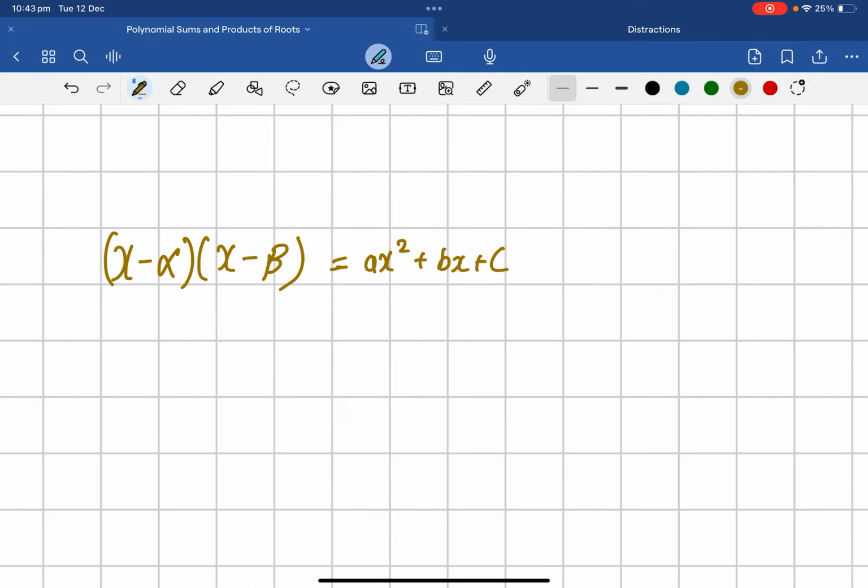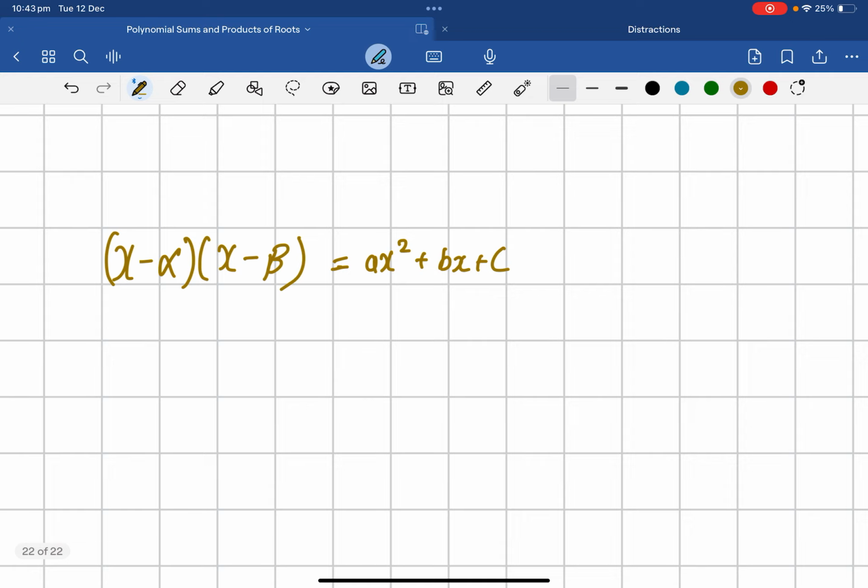Okay, so this is what you're going to have. And this is only true for monics, because in a monic the a is a 1, remember? And that doesn't change anything. But suppose this was a 2, or any other integer. Then no matter how you factorize this or expand it, you're never going to get that 2 in this expression. That is why this expression is partially incorrect. Okay?